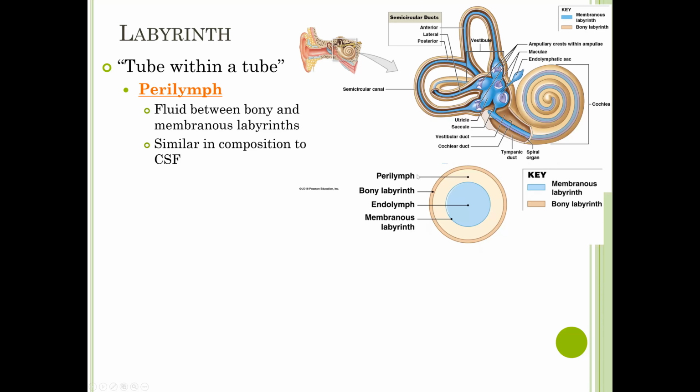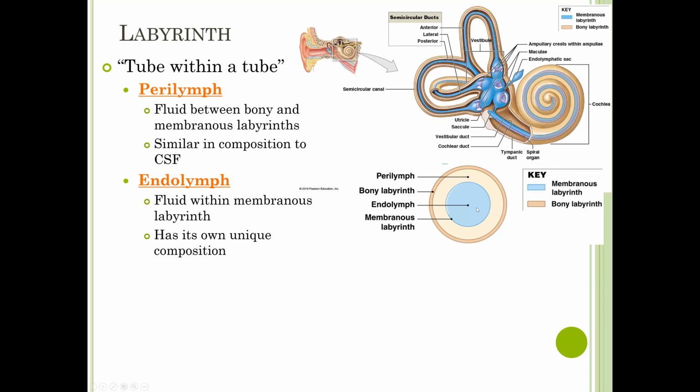So perilymph is going to be the fluid that is between the bony portion and the membranous portion, and perilymph has a very similar composition to cerebrospinal fluid. Then inside the membranous portion, which would be inside all of these blue canals you see up here, would be endolymph. And endolymph has its own unique composition, so it does differ in composition to perilymph.